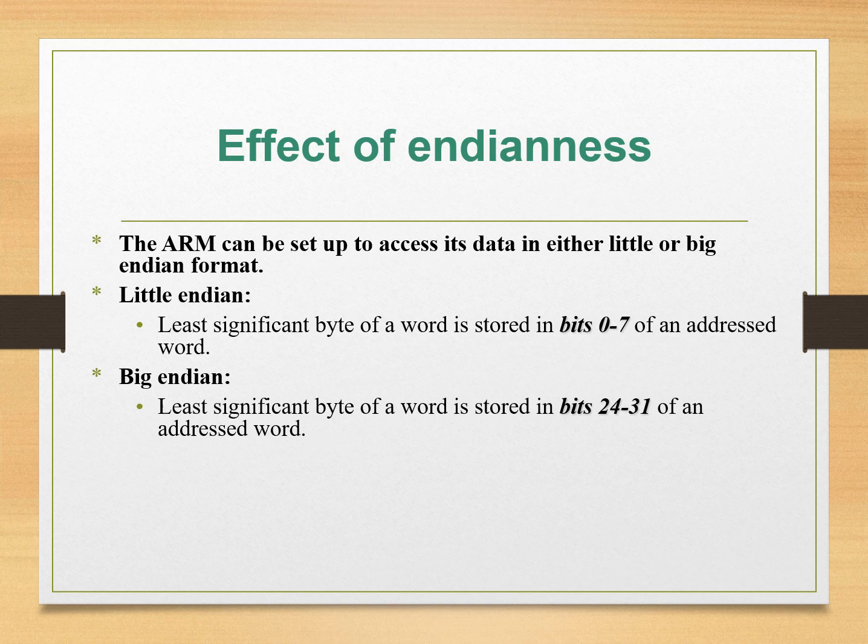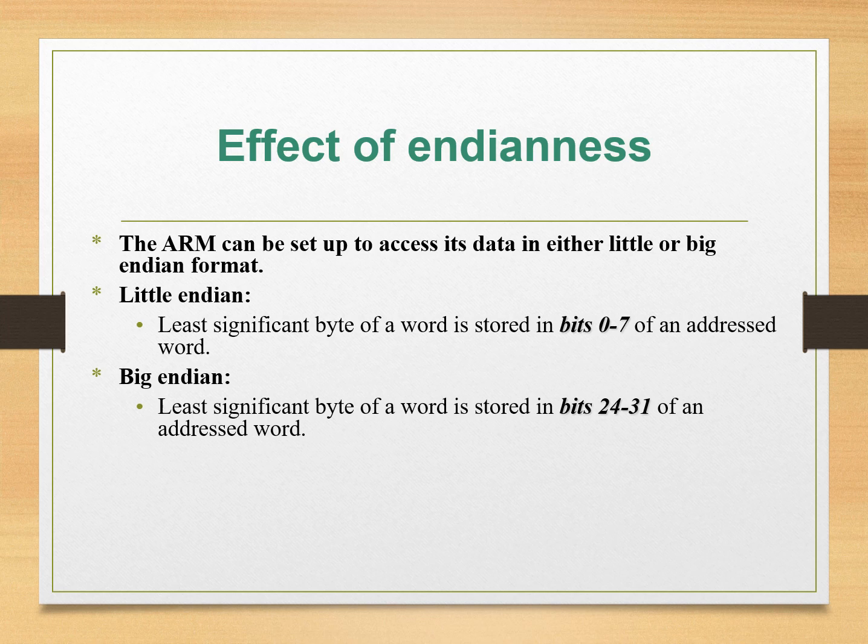It can be set up to access the data. You know, engineers decide how you arrange the data, which one is going to be first, which one is going to be last. The ARM can be set up to access its data in either little or big endian. Little endian means that the least significant byte of a word is stored in bit 0 until bit 7.